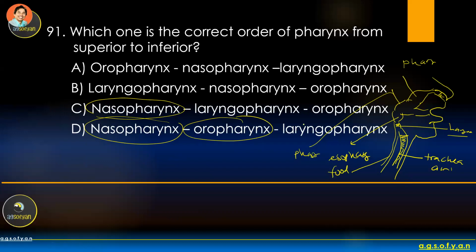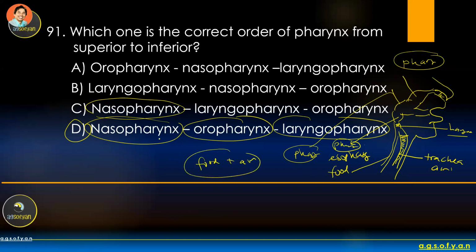It is the laryngopharynx. That's the sequence. So from this information, you know that the pharynx receives both food and air. That's the reason why the pharynx is part of the digestive system and also part of the respiratory system.